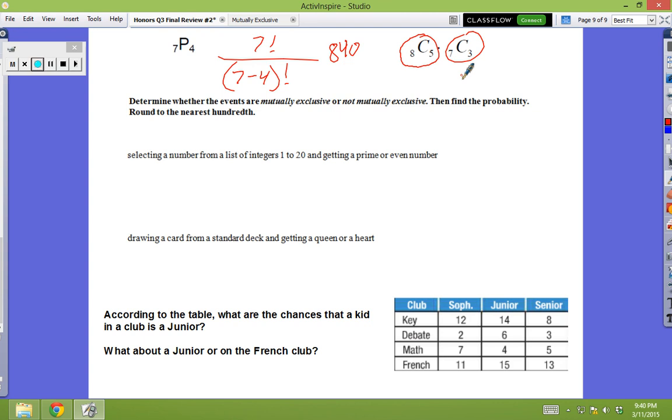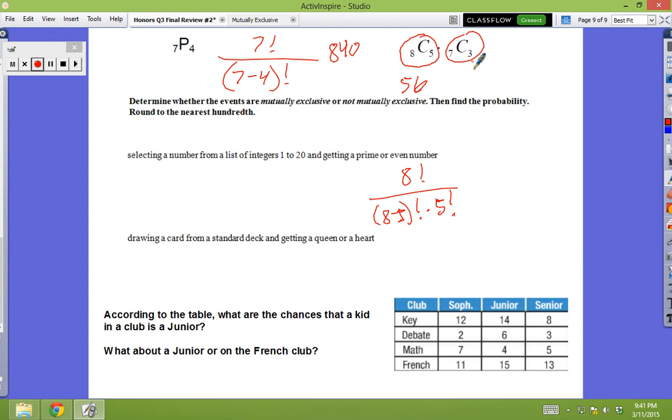So if you do combination, N is 8 and 5 is R, it's going to be 8 factorial over 8 minus 5 factorial times 5 factorial, and that gives you 56.